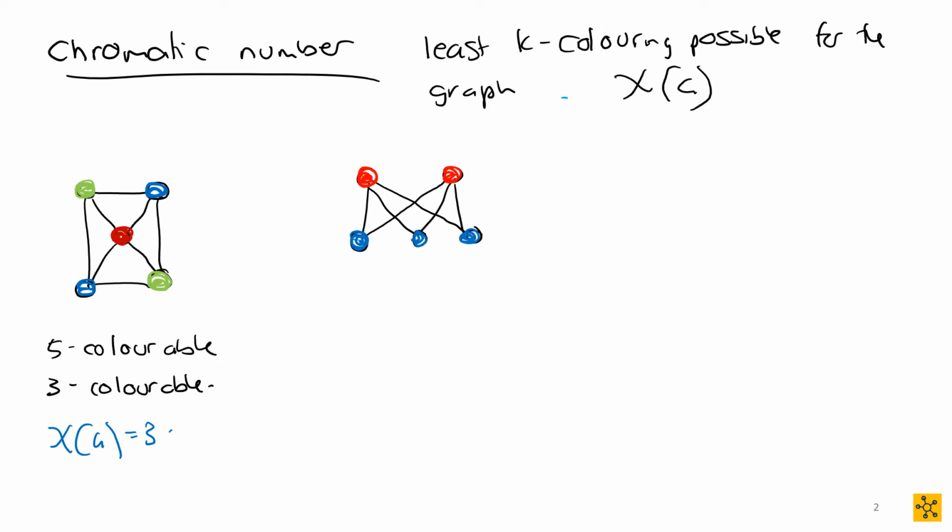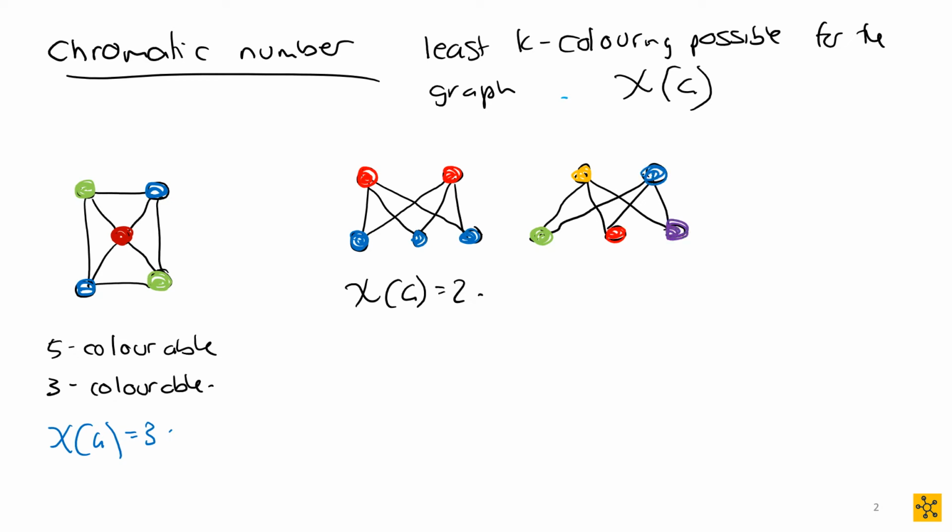So the chi for a bipartite graph is obviously equal to 2. And remember, when you first draw it, you could also draw it as this kind of a situation where you could have had this as green, this is yellow, this is red, this is blue, and this is purple.